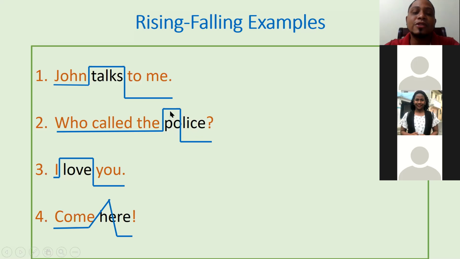So we give the high tone to the first one and we give the low tone to the following. I love you, which is my favorite sentence. You have it there. And I have here, come here. You see, here we have to use a glide because the last word of the sentence is the content word, but it only has 1 syllable, which is here, because you say here, here, right? So that's how you do it.